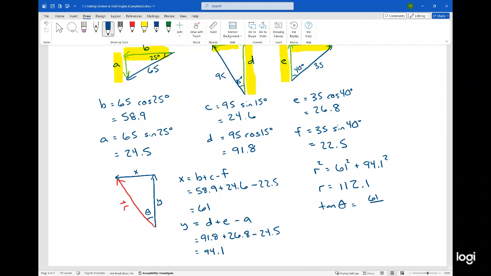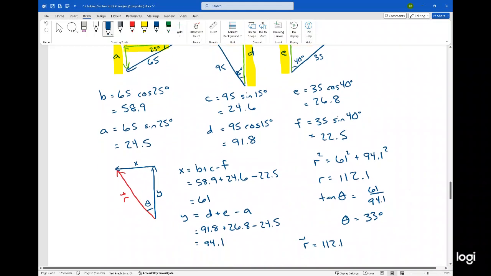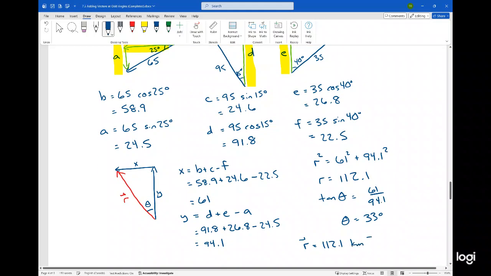So that's 61 over 94.1. Inverse tan gives us 33 degrees, 32.9, so 33 degrees. So finally, we can say that the resultant vector is 112.1, and the units were kilometers. And the direction is north 33 degrees west, since our drawing made it look west.